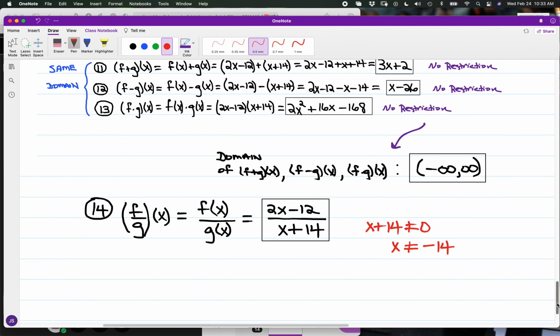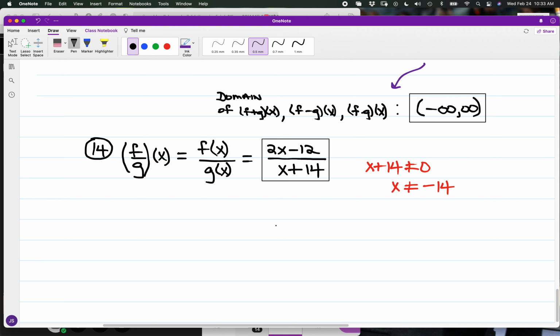So for the domain of f over g of x, think of it like a hole at negative 14, with a ray to the left and a ray to the right. We have those values of x less than negative 14, negative 14 is bypassed, and for the rest, those values of x greater than negative 14.